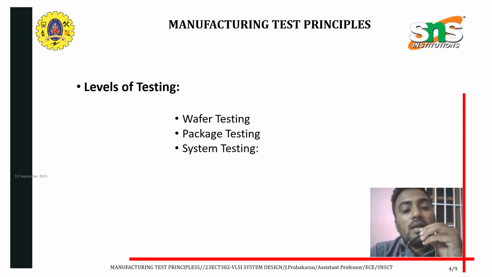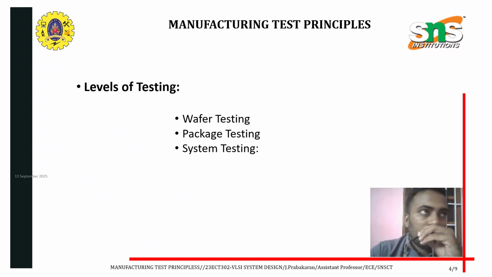And what is meant by package testing? After packaging, for final product quality. Next one is system-level testing, where we do validation at board or module level. These are the levels of testing.